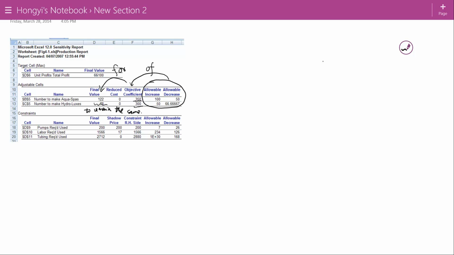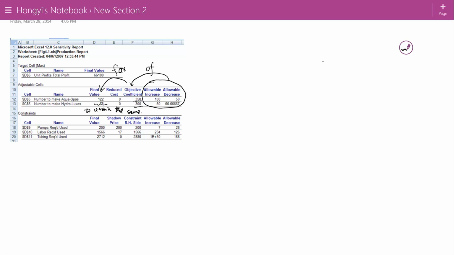These two columns are the allowable increase decrease of the objective function coefficient in order for the decision variable values to remain to be the same. Okay, so if you remember it in this way, what do these values represent?